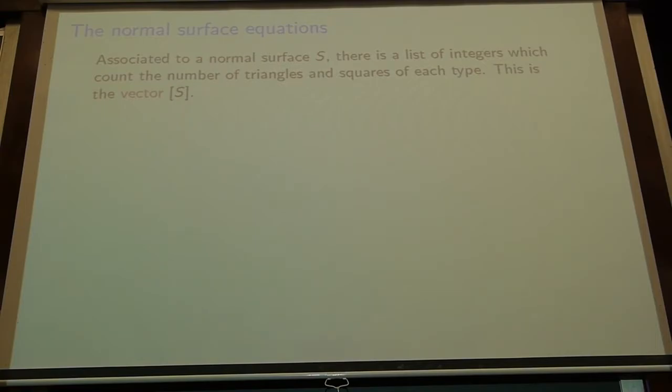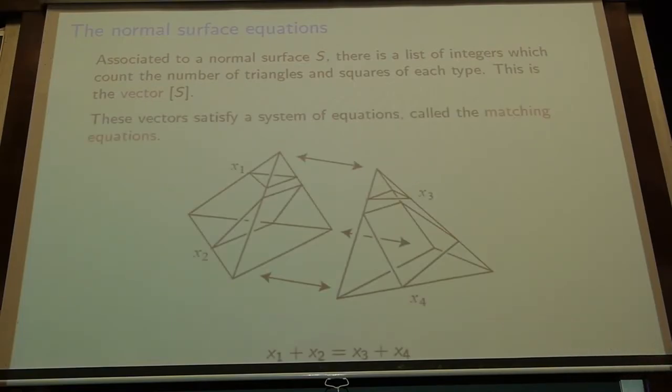So if you've got, say, T tetrahedra, you have a list of 7T numbers, because there are 7 types of triangles and squares in each tetrahedron. This is called the normal surface vector, and I denote it S with little square brackets around it.